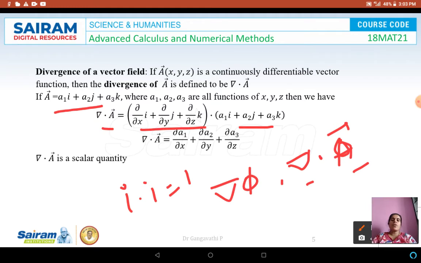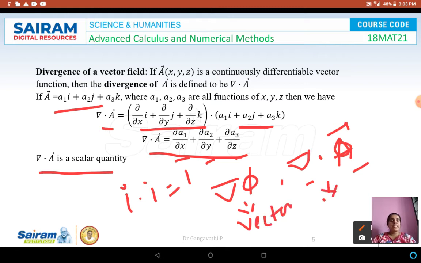Dou by dou x operating on a1 is dou a1 by dou x, dou a2 by dou y, and dou a3 by dou z. Observe that the final answer del dot A doesn't have any directions. It has got only the quantities. Therefore del dot A results in a scalar quantity, whereas grad phi was resulting in a vector quantity.